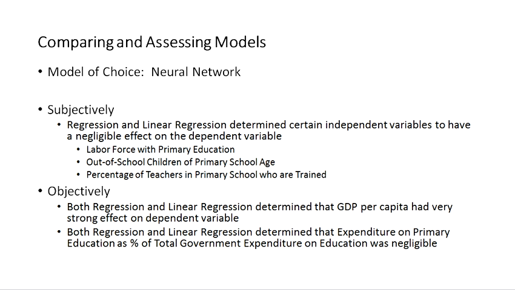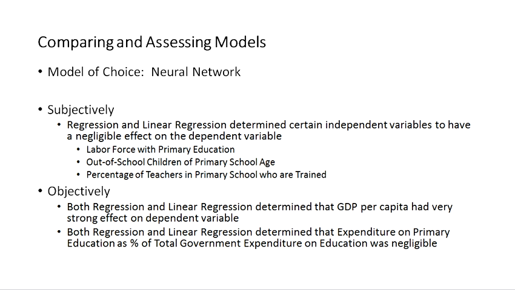Now, objectively speaking, both regression and linear regression determined that GDP per capita had a very strong effect on the dependent variable. And then both also determined that expenditure on primary education as a percentage of total government expenditure on education was negligible.